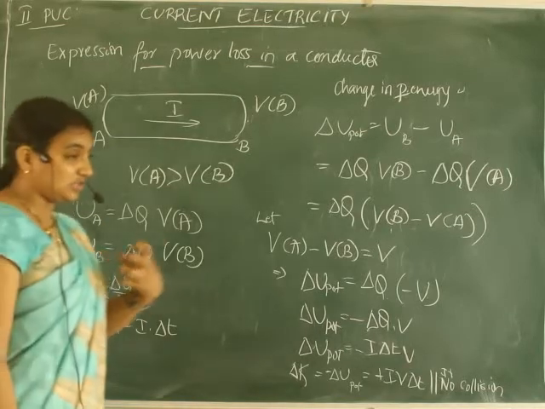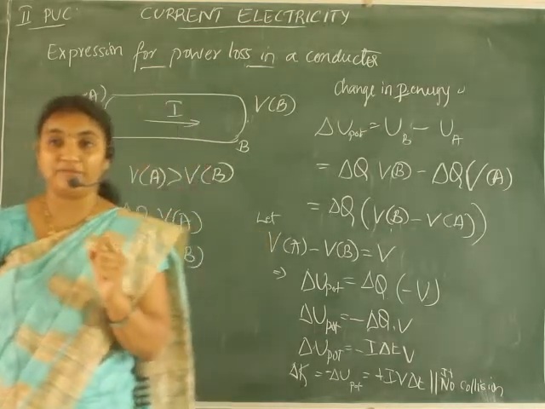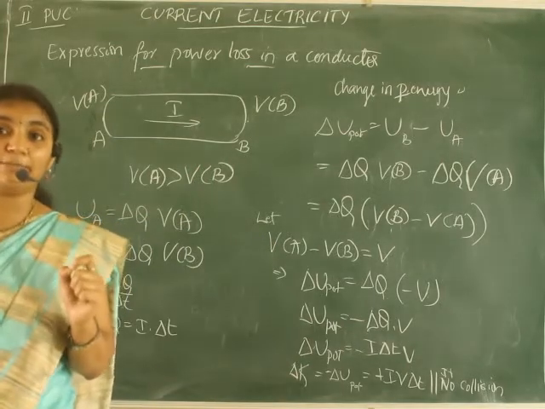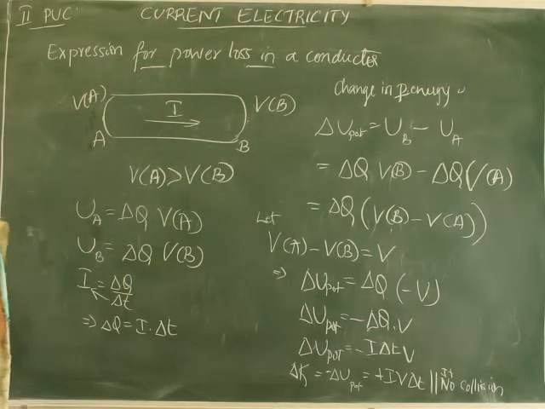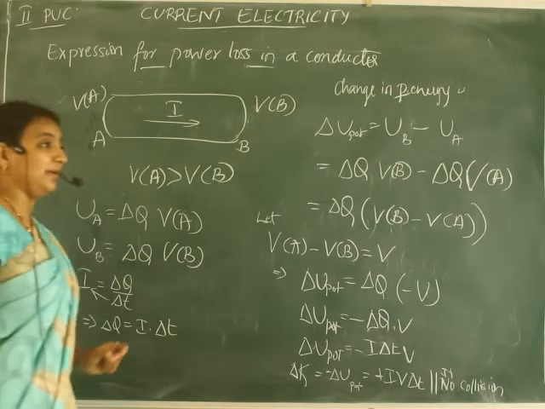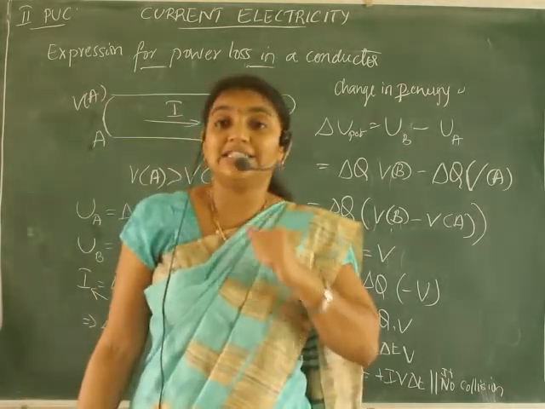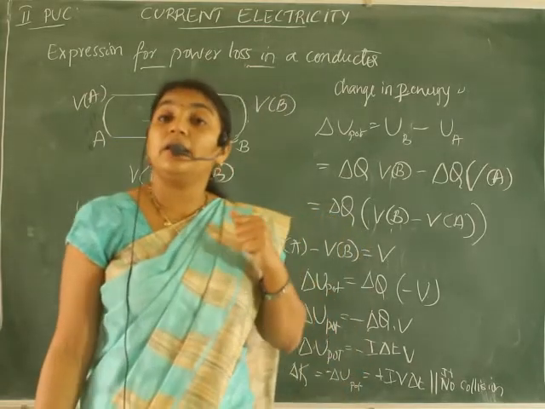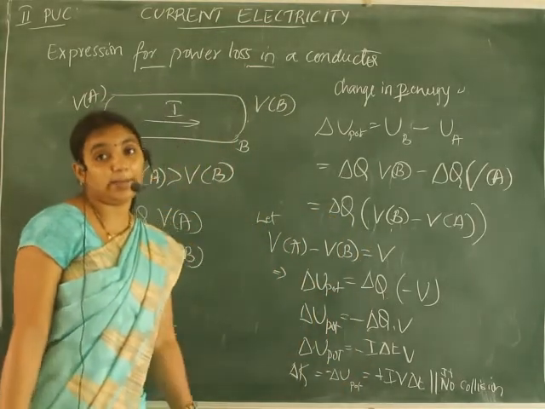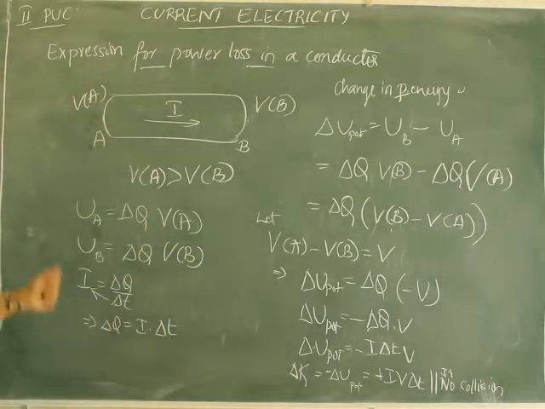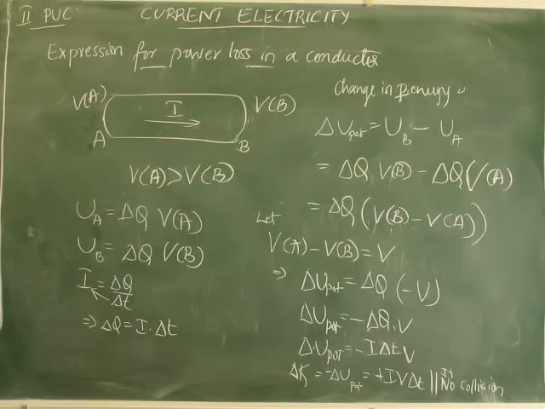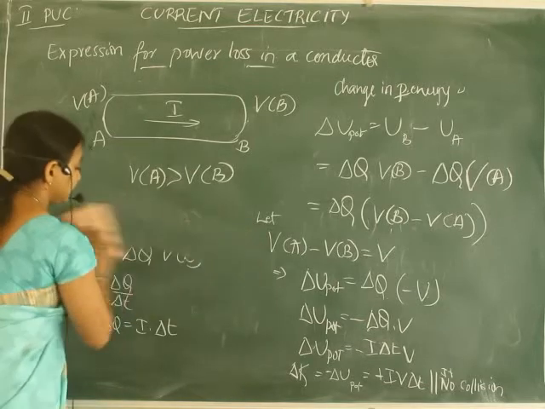The conductor will get heated up because of vibration. So energy is dissipated in the form of heat in the conductor in the time interval delta T.